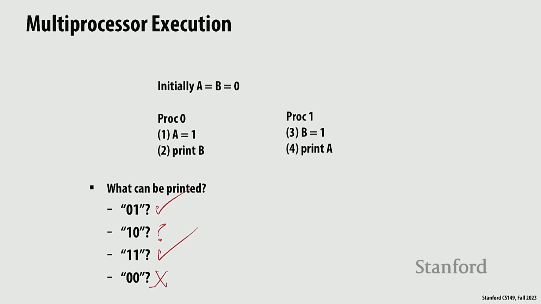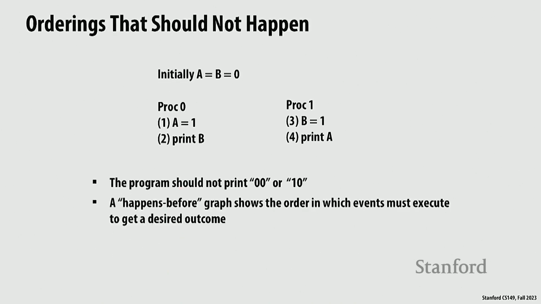In order to understand what could be printed, a useful way to think about it is in terms of a happens-before graph. What has to happen before what in order to allow the output that you expect?